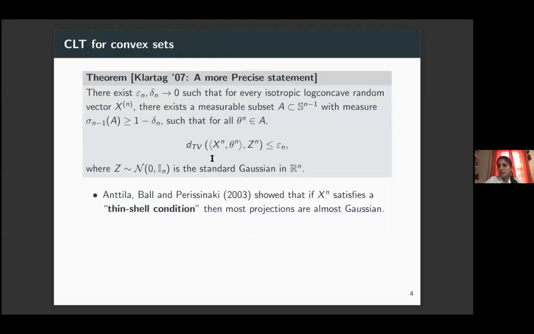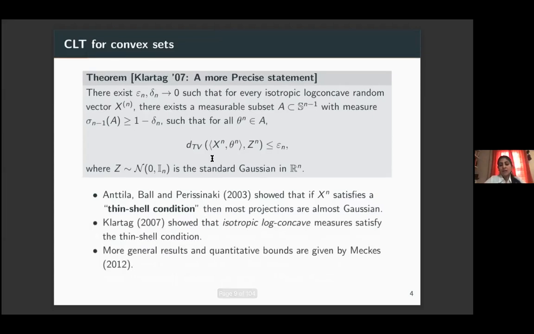And then they verified it for certain classes of LP balls, and certain classes of balls with certain Hölder continuity conditions on the boundary, which included LP balls. And then Klartag actually showed that more generally than balls, just isotropic log-concave measures satisfy this thin shell condition. And then further bounds have been derived by Meckes and other people.